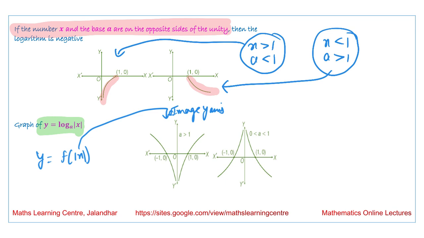So the graph of log x when a is greater than 1 is in this form, and the image of this line along y axis is this. Similarly, when we have the value of a lying between 0 and 1, this is the graph of log x, and the image of this is this. So these are the graphs of y is equal to log mod x to the base a for the two cases when a is greater than 1 and when a lies between 0 and 1.